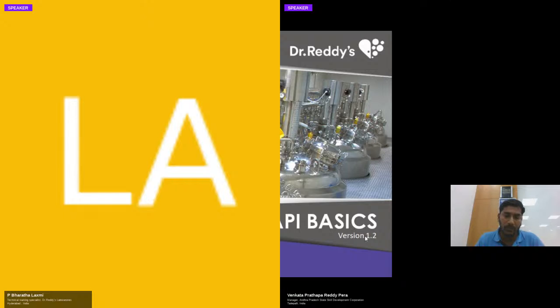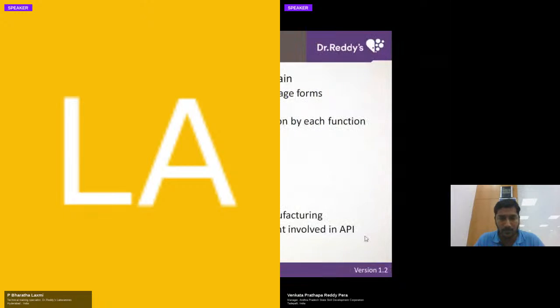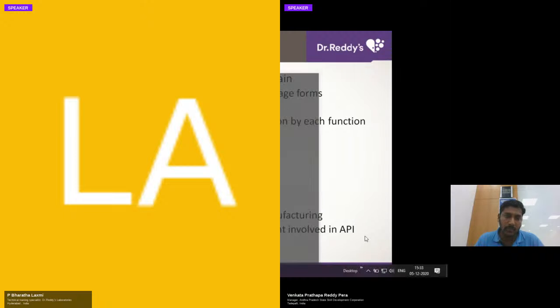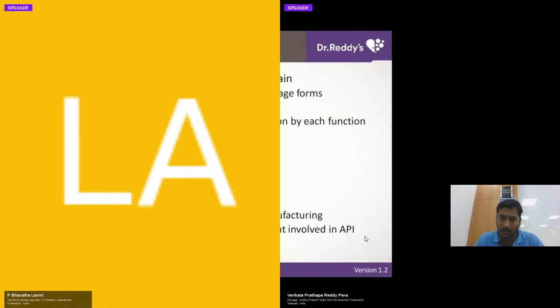So again, good afternoon, everyone. Today we will discuss API basics. Maheshwari, go to the next slide. In this training session, we are going to discuss some terminologies in API manufacturing: drug substance, that means API. The abbreviation of API is active pharmaceutical ingredient.